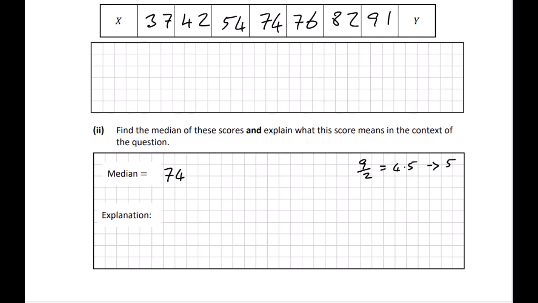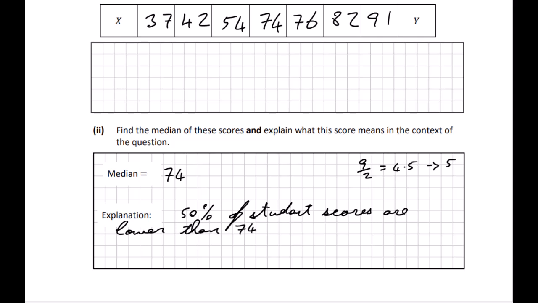So it means that 50% of students' scores are lower than 74 when the scores are in order.